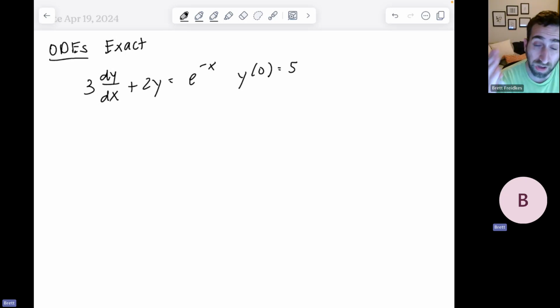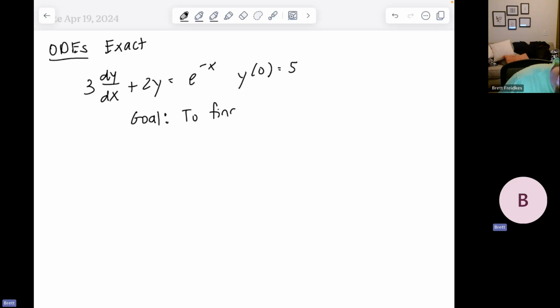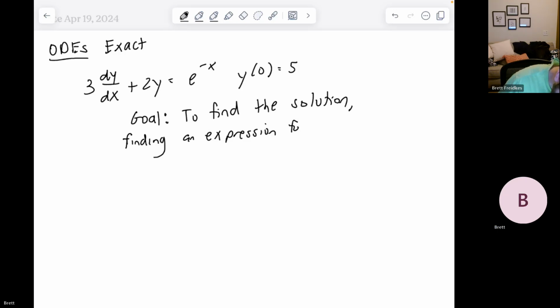The goal always for a differential equation is to find the solution, which means finding an expression for the dependent variable.